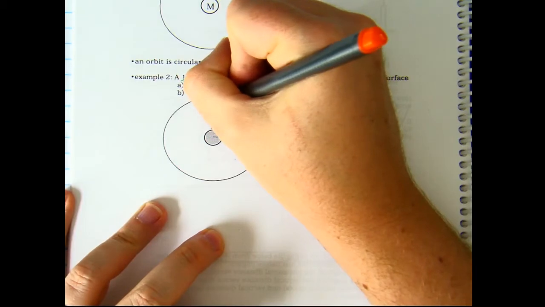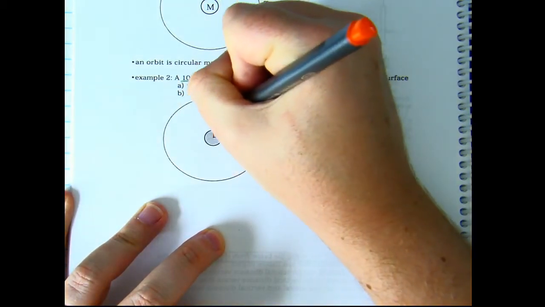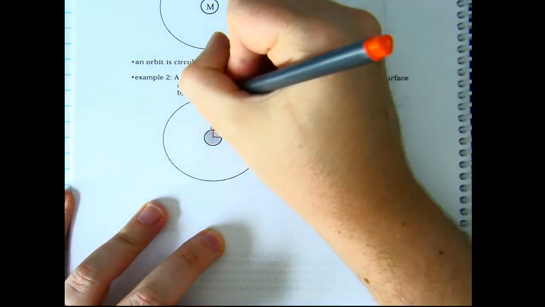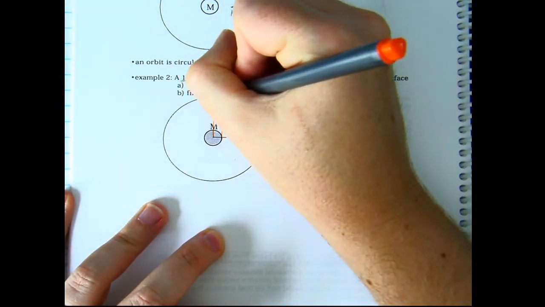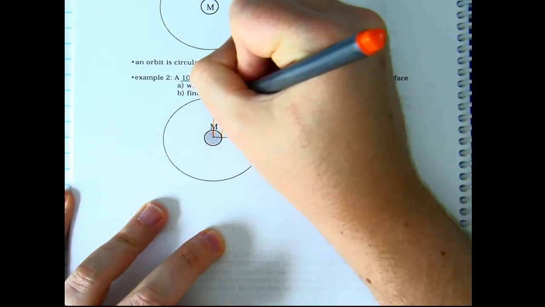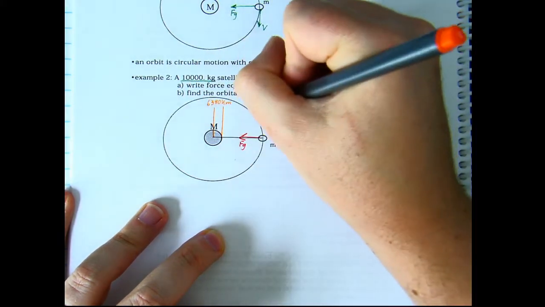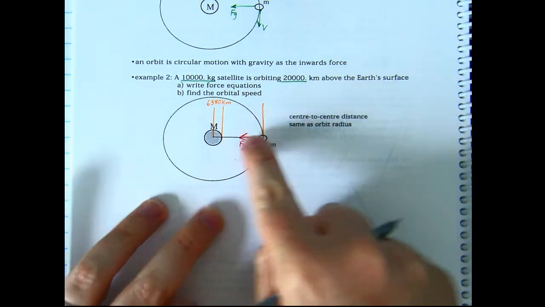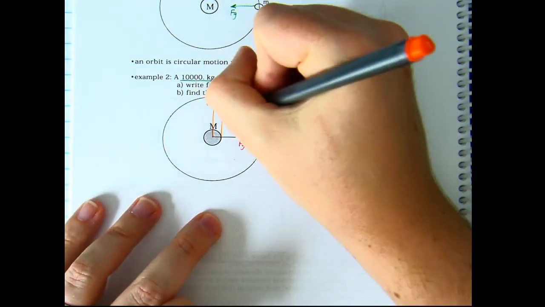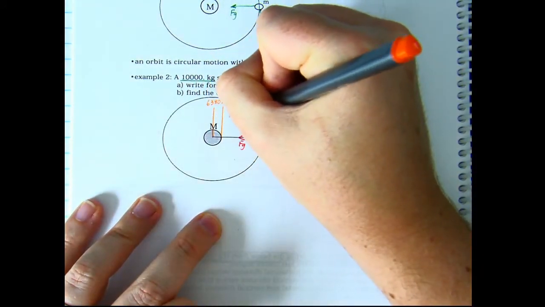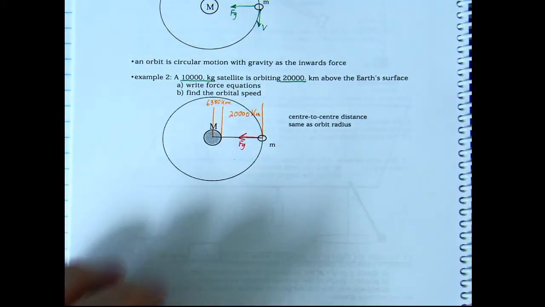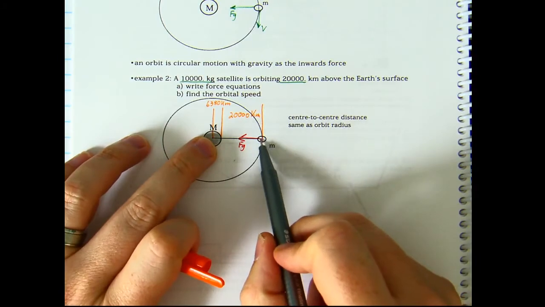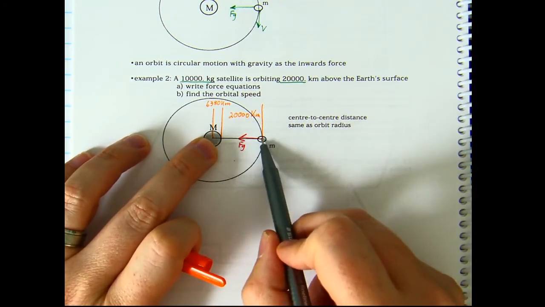We know that the radius of our planet is 6,380 kilometers. And we're told that there's another 20,000 kilometers above the Earth's surface. So when we actually run this through our Fg equation, we need to take into account this total distance from center to center.